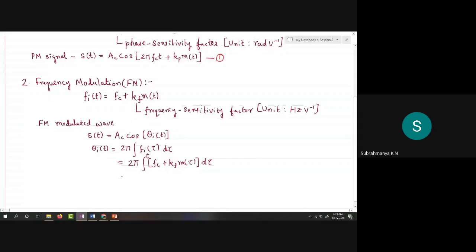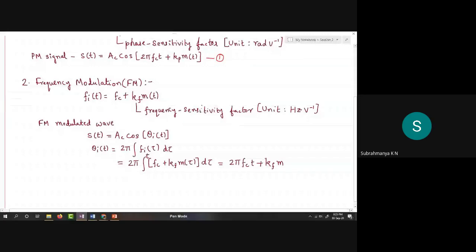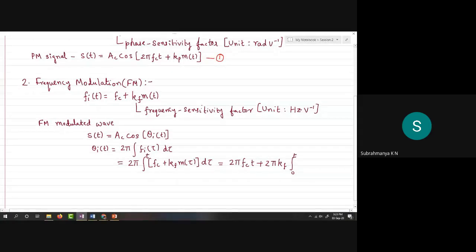This will give me 2 pi fct plus, so the 2 pi factor is also there. I should not be missing that. So 2 pi gets multiplied with both the terms. Of course, kf is a constant of proportionality. The integral from 0 to t of m(tau) d tau.